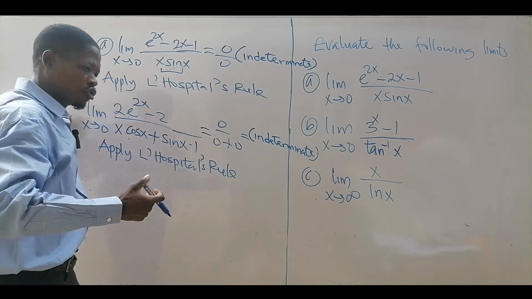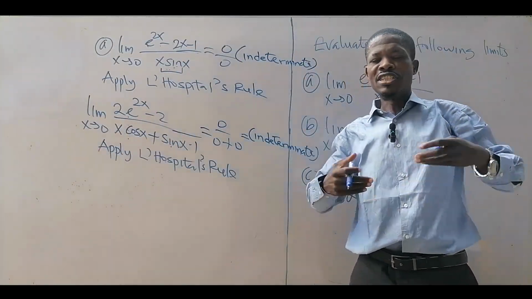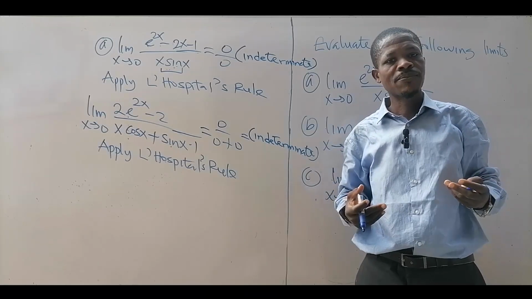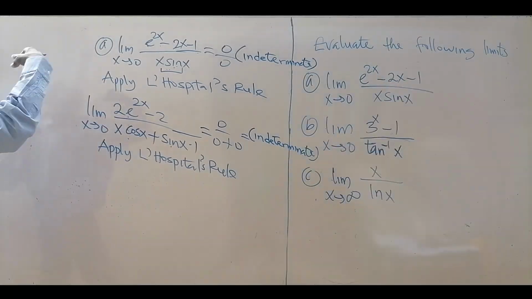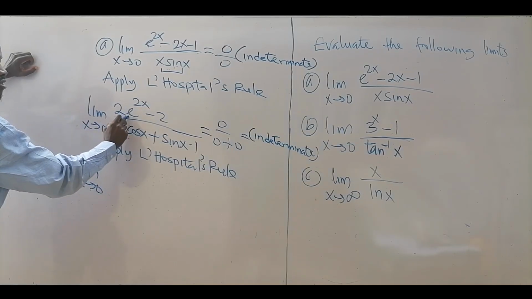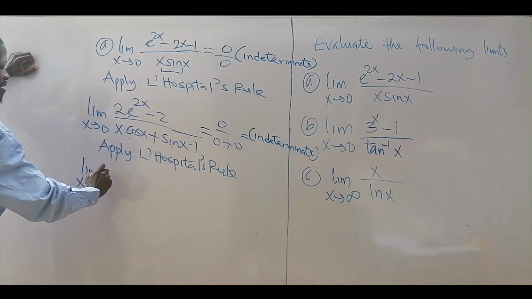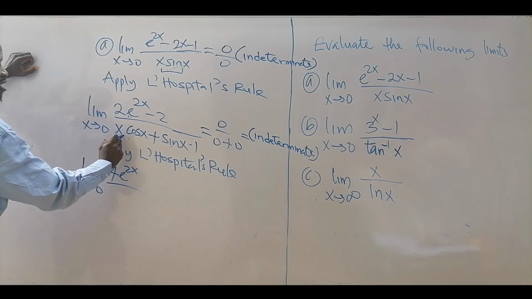In as much as you are having 0 over 0 or infinity over infinity, then you must use L'Hopital. Differentiate again, and that will be limits as x tends to 0. Your numerator, differentiate that, that will be this over the denominator.